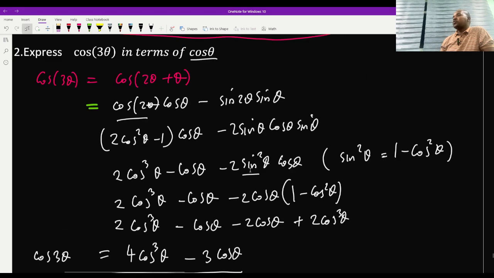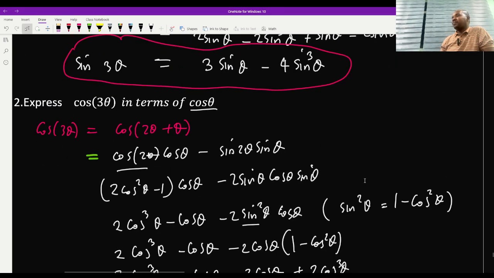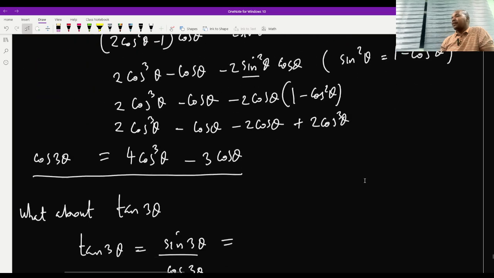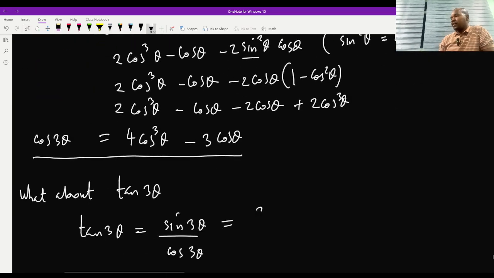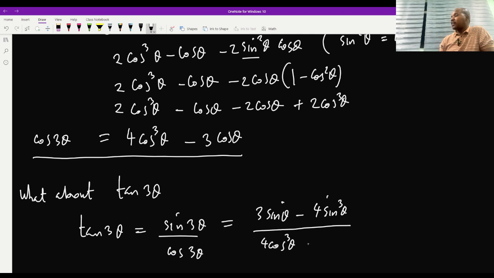If I use these two expressions, am I going to get something? So this is 3 sine theta minus 4 sine cubic theta divided by 4 cos cubic theta minus 3 cos theta.